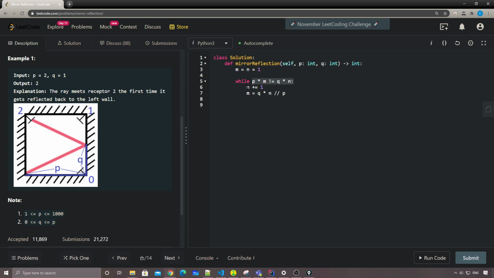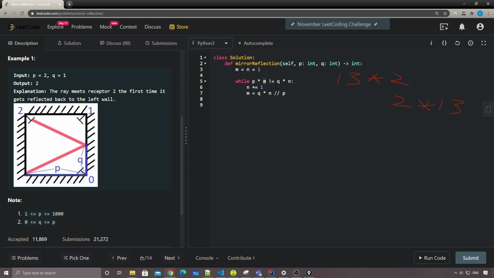We will eventually get the answer here, and the answer has to be an integer. Why is that? Because even for something like 13 and 2, we can always get the answer by this times 2 and 2 times 13. That's why it's guaranteed that we have an integer answer for both m and n.